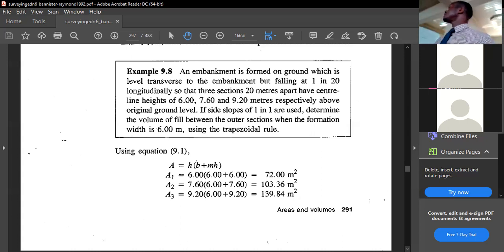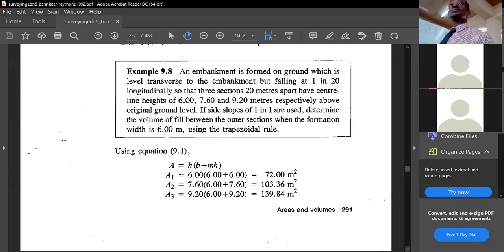20 is sections apart. So if you want to work out volume of something looking like this, how many sections do we have? We have 1, 2, 3.